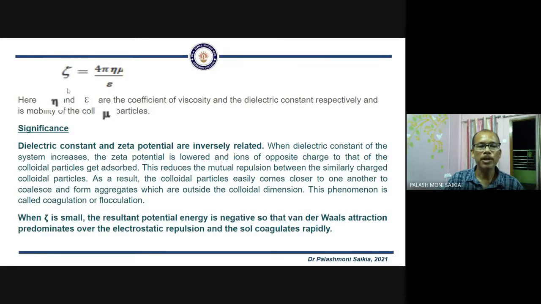If the zeta potential decreases to a critical level, there will be neutralization of the colloidal charges, and this will induce immediate coagulation or flocculation. When zeta is small, the resultant potential energy is negative. Van der Waals attraction will predominate over electrostatic repulsion. So VA will be higher than VR, and there will be coagulation of the sol.